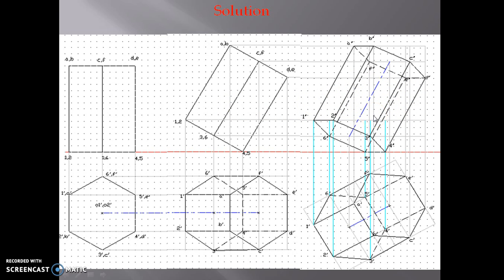Here, to see the visibility, the observer's position is towards this side. So look at this third top view from this direction and see which base edges as well as vertical edges are visible to the observer.